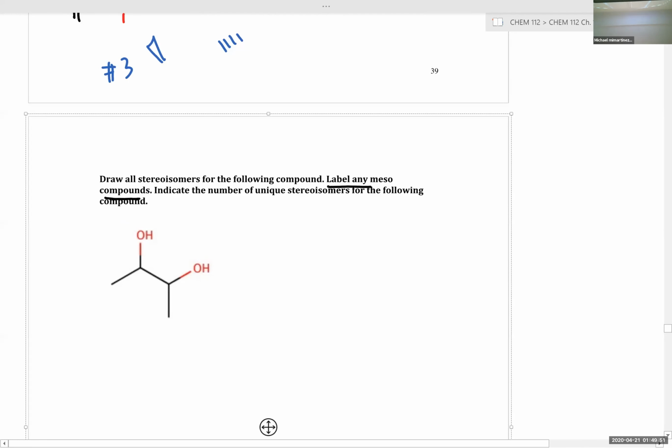You just need to make sure that for each stereoisomer you draw, it's a unique stereoisomer in the event there could be meso compounds. Does that make sense? Perfect. And we'll discuss in about 1.5 minutes more.